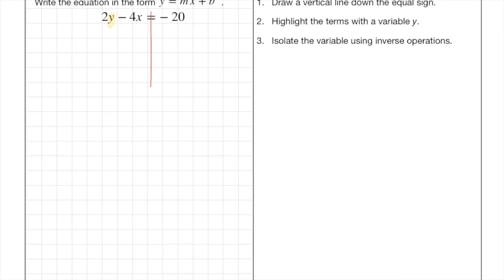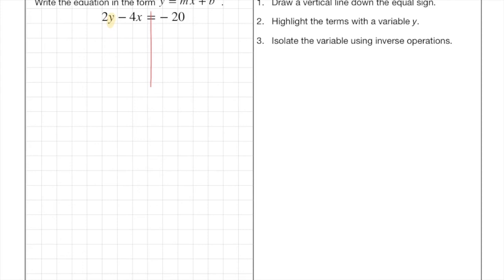This one looks a little bit different, also because the x is in the back and the y is in the front, and the y actually has a number in front of it. So we're going to isolate the y. So we're going to use the inverse operations.